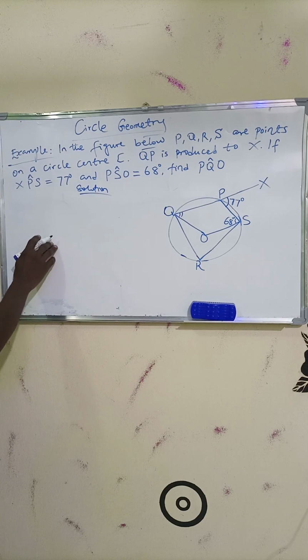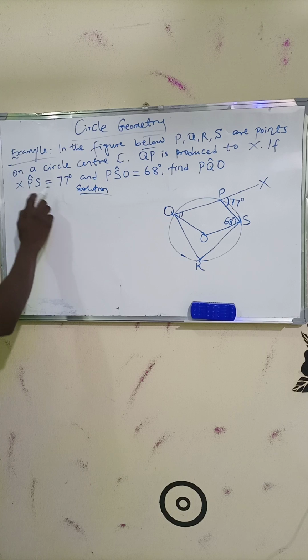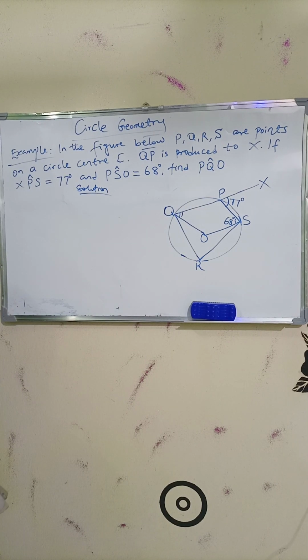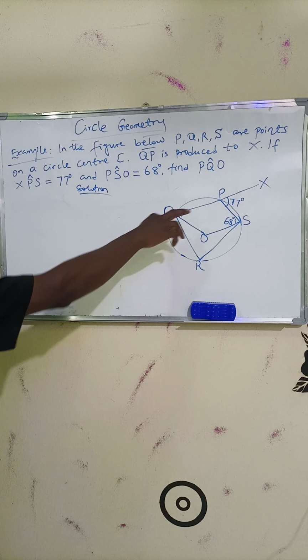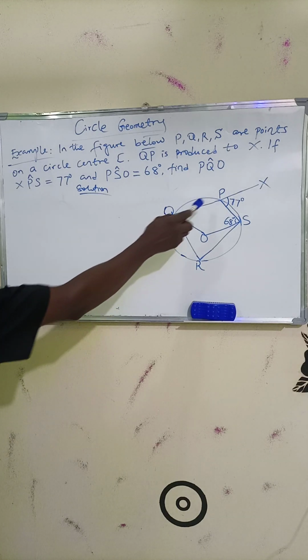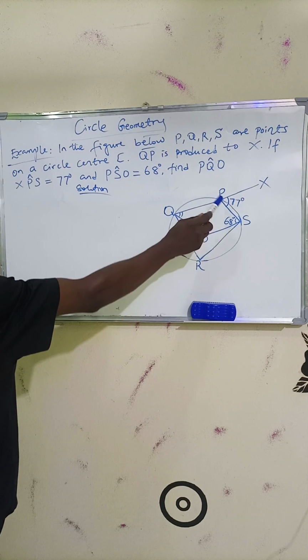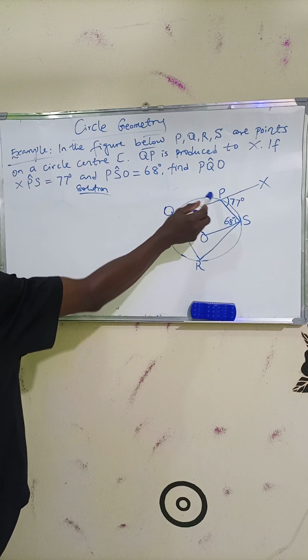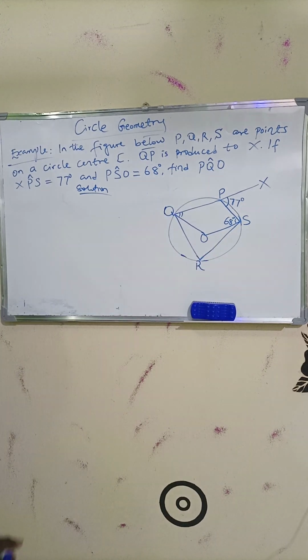Don't forget that it is given that XPS, which is angle P, is 77 degrees. Now, what it means is that this angle is formed as an exterior angle. PQOX is a quadrilateral. Also, PQOS is another quadrilateral.